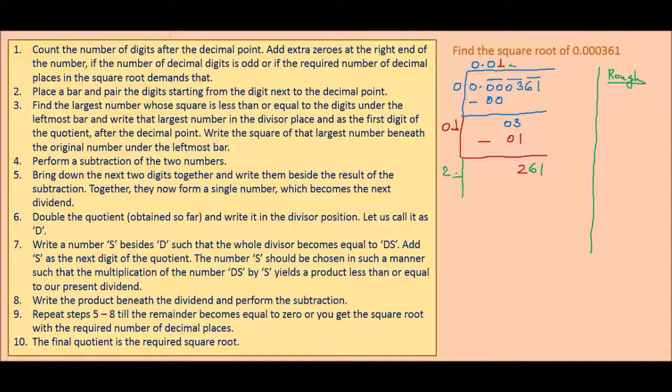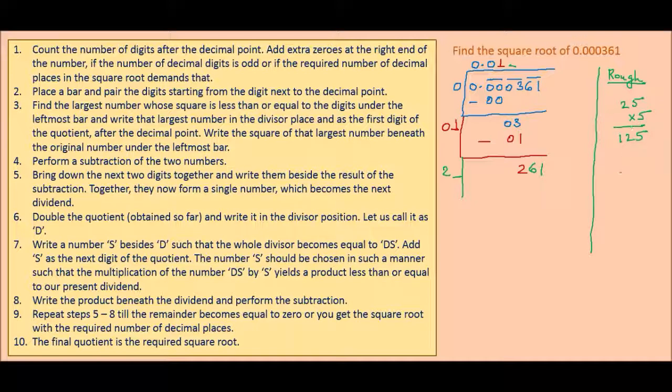What can we take? Let us start from 5. If the number is 5, then we have to multiply this 25 by 5, and 25 multiplied by 5 gives a product of 125, which is smaller than 261.